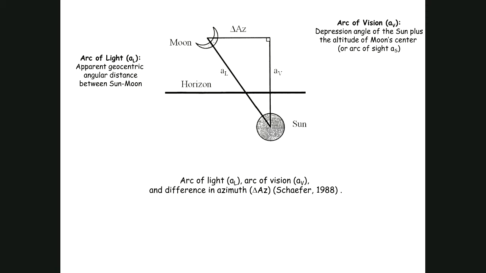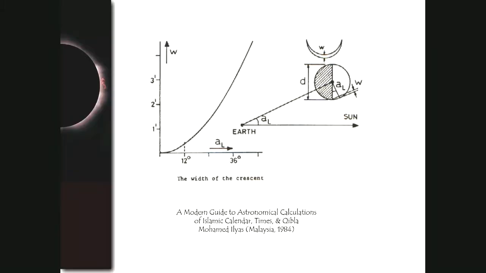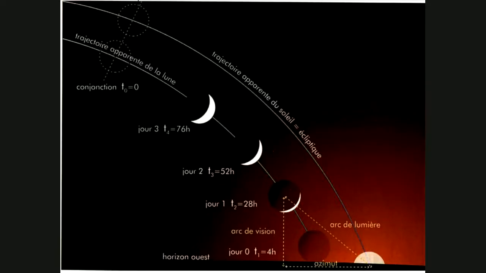We're not going to discuss the geometry of this and the sizes, but what I'm trying to tell you is that when you look at the side of the moon that's facing you, you ask how big this crescent is, and you decide if it's visible or not. So a long time ago, they had conditions for how high above the horizon and how old it must be to decide if you can see it or not.